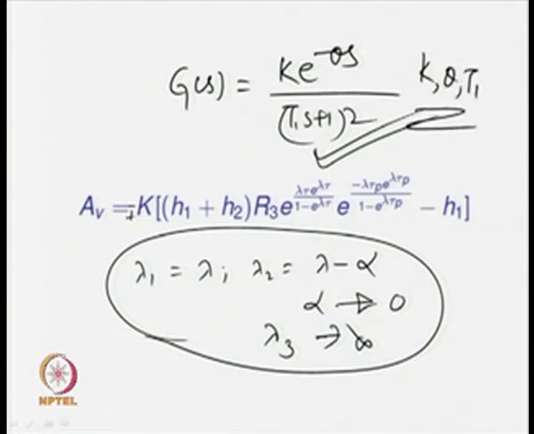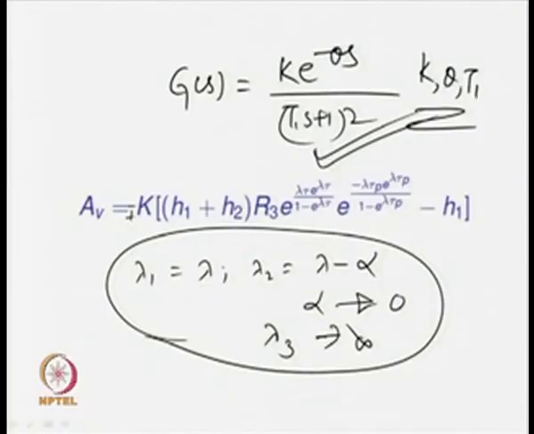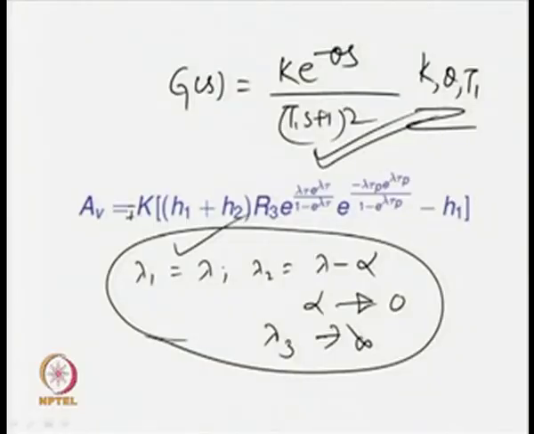This is how second order plus dead time transfer function models with pole multiplicity are obtained using the same set of analytical expressions with the conditions that lambda 1 equal to lambda, lambda 2 equal to lambda minus alpha with alpha tends to 0 and lambda 3 tends to infinity.